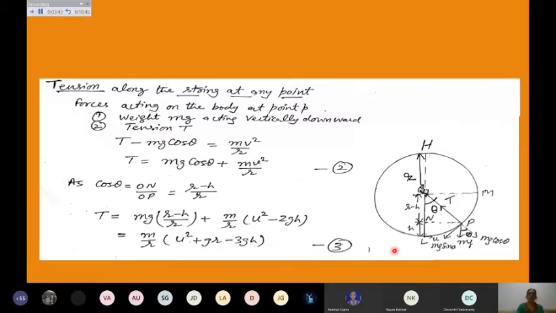This equation, third equation, is very important because we are going to use this equation in the coming derivations. So you need to clear up to this equation, all of you. So I'm getting tension at any point in terms of the initial velocity and the h height, and r is the radius of the circle, which is of course the length of the string.